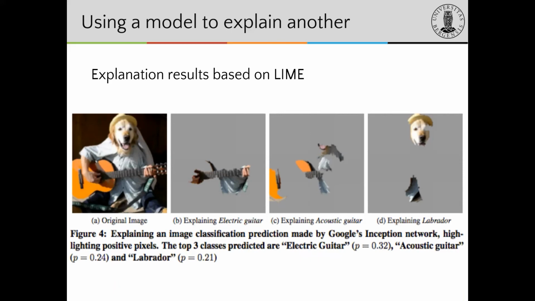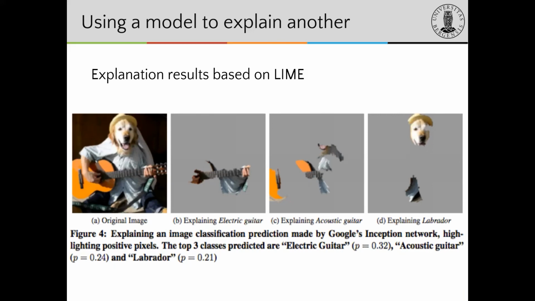For each of the classes, they also show us the segments that are important for the network to make the decision. I think I can understand the first one because the handle of the guitar seems like the electric guitar. Maybe, I'm not sure. But the second is not very understandable for me.